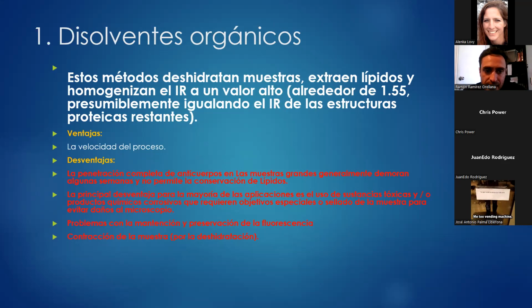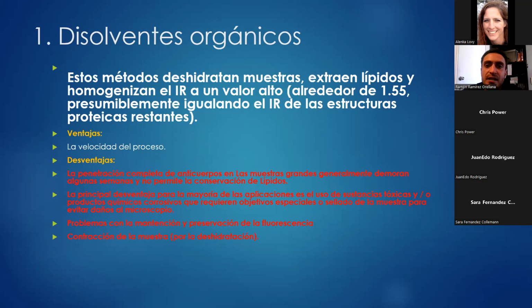Las ventajas de esta técnica es que son extremadamente rápidas, ¿ya? Pero las desventajas es que la penetración de los anticuerpos en las muestras grandes demora mucho. También esta deshidratación hace que las muestras disminuyan su tamaño, ¿ya?